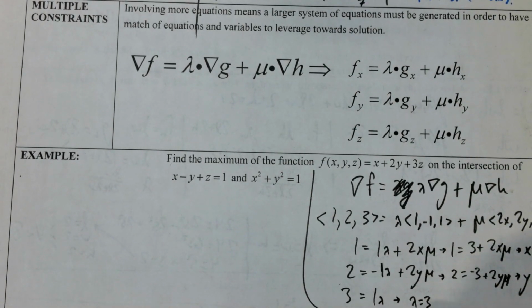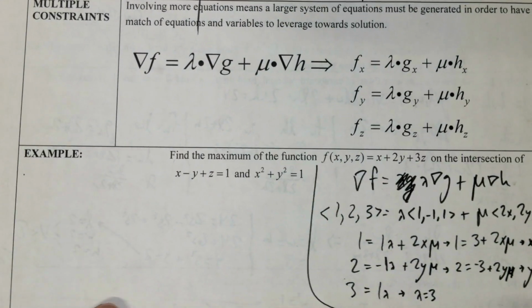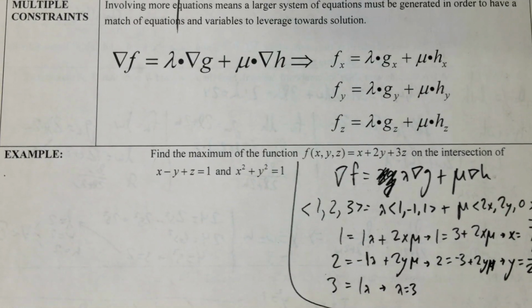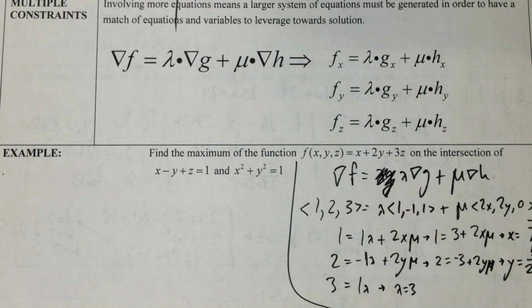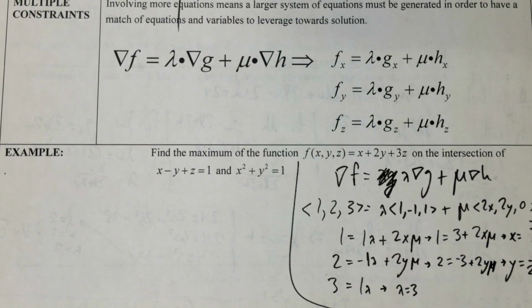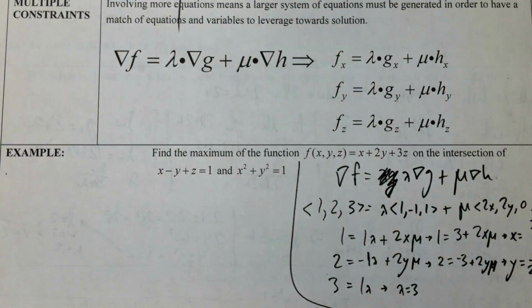Where x squared plus y squared equals 1, I would get negative 1 over mu squared plus 5 over 2 mu squared equals 1. And now I'm just algebraing to solve for mu, because once I get mu, I can plug it back into x and y. I'll have x and y. I can go find z once I have x and y, and then I'll have the cases where to min and max, because I'll have the list of all of my min and max x, y, and z values.